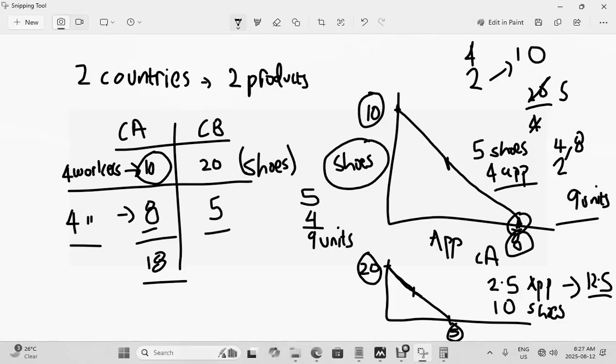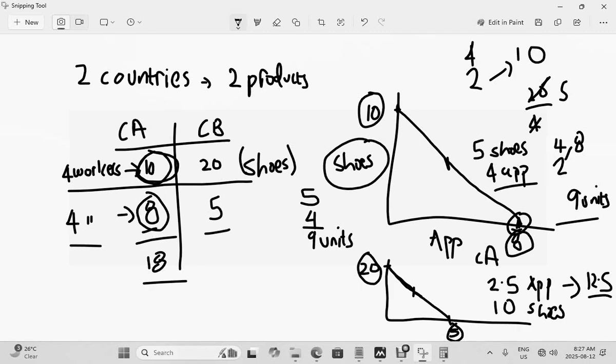All right, so this is if they assign 8 workers, 4 workers for shoes and 4 workers for appliances. With 4 workers, shoes will be 10 units, and for appliances, it will be 8 units. So you can see that since they assigned 2 workers for shoes and 2 workers for appliances, they ended up using less in terms of shoes, which is 10 if they had assigned 4 workers.